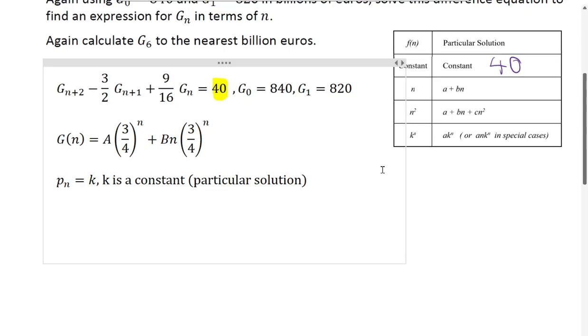If it's a constant, that means instead of the g's anywhere, we can put k, and we just have to hope that works. So that would mean k minus 3 over 2 k plus 9 over 16 k equals 40.